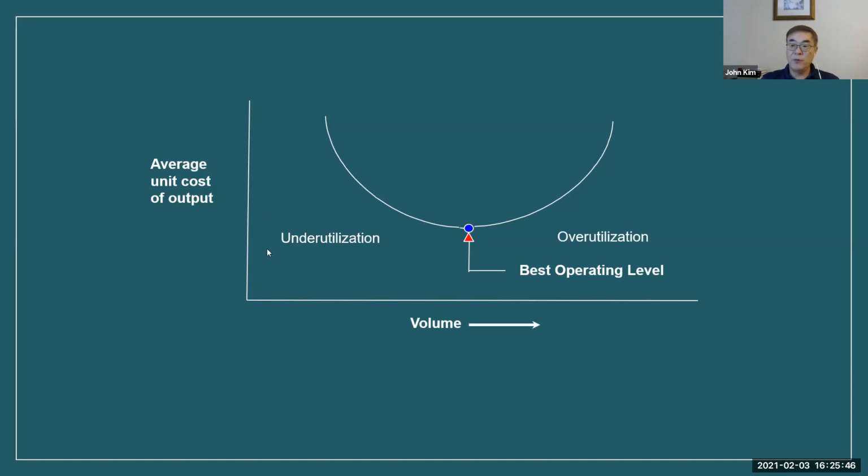So if we increase production volume or customer size, then unit cost decreases like this. And at a certain point, unit cost hits the bottom, the minimum unit cost, and then increases again. So this point is the best operating level.